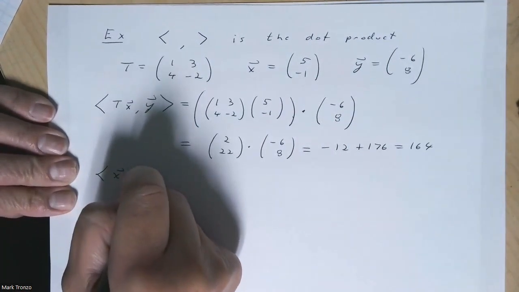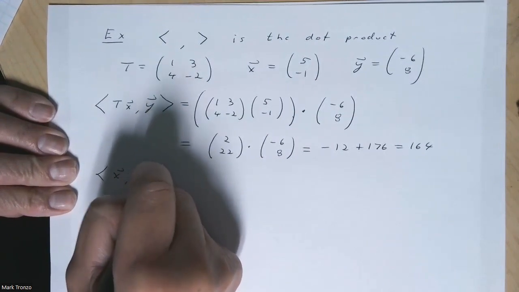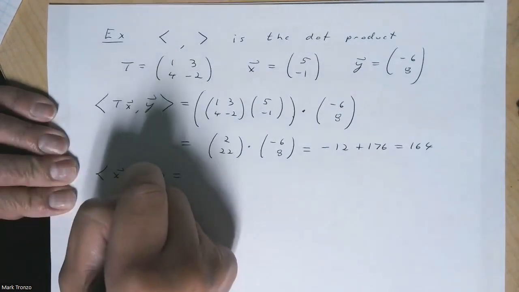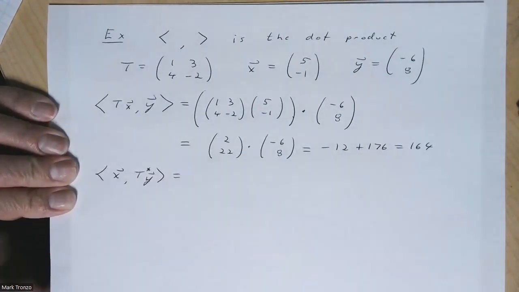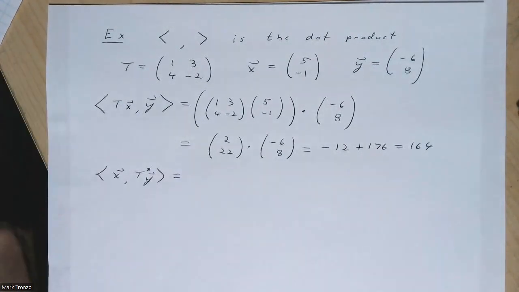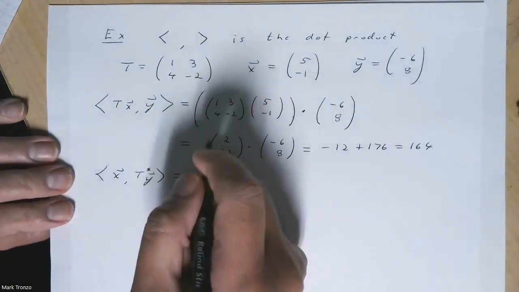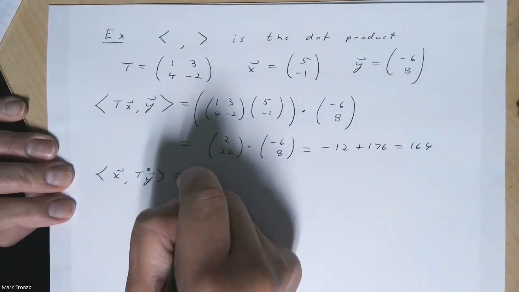On the other hand, if we do this, where this is the conjugate transpose, again, this is the adjoint. Like I said, in the case of a matrix, this would be the conjugate transpose. And we put this together.